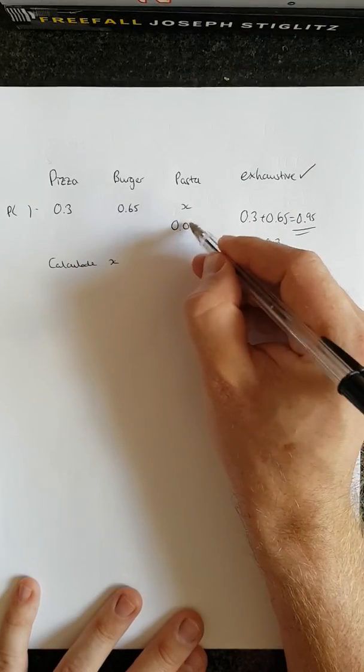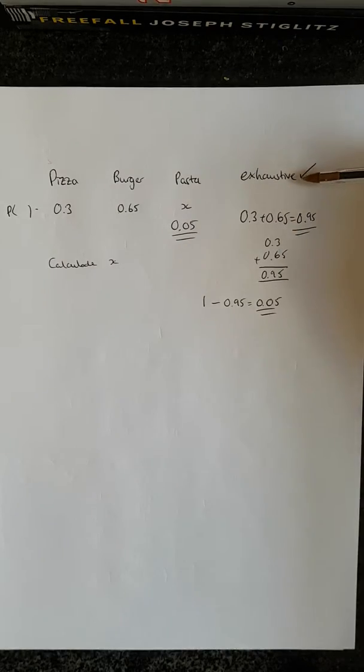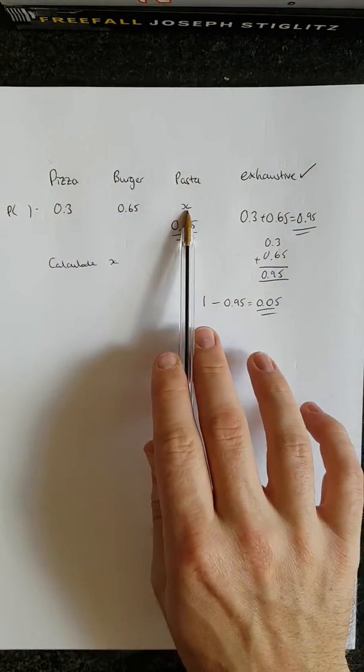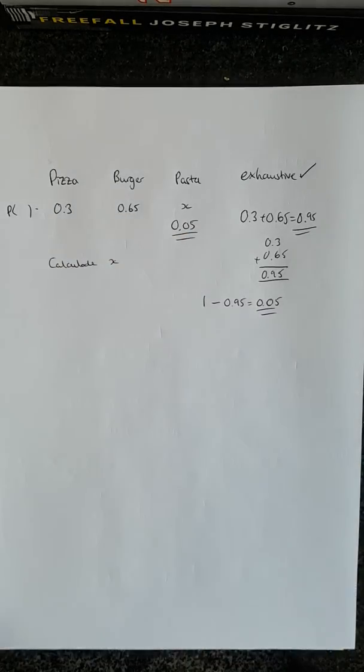So pasta is 0.05. So the process again: check the events are exhaustive, then that means they add up to 1, and work out the missing number after adding these other options together.